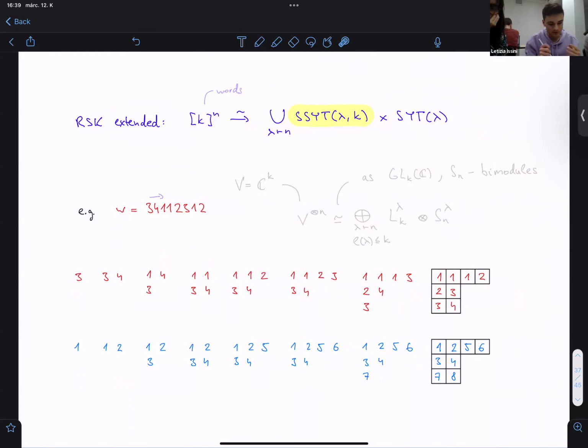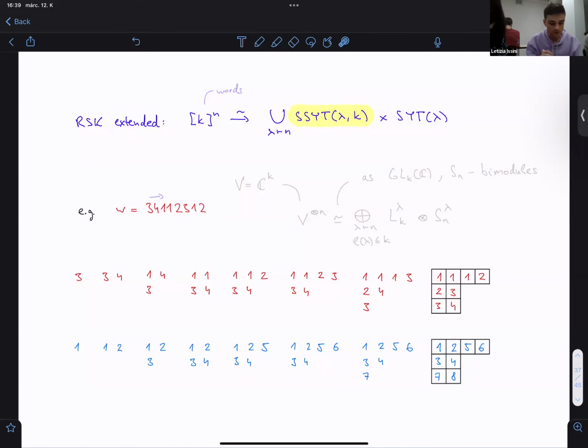So instead, we can just start with any word that we had in the first part of the talk. Just start from k to the n, words in k letters of length n. And well, the second tableau will be the same. It's just recording the growth of the diagram.